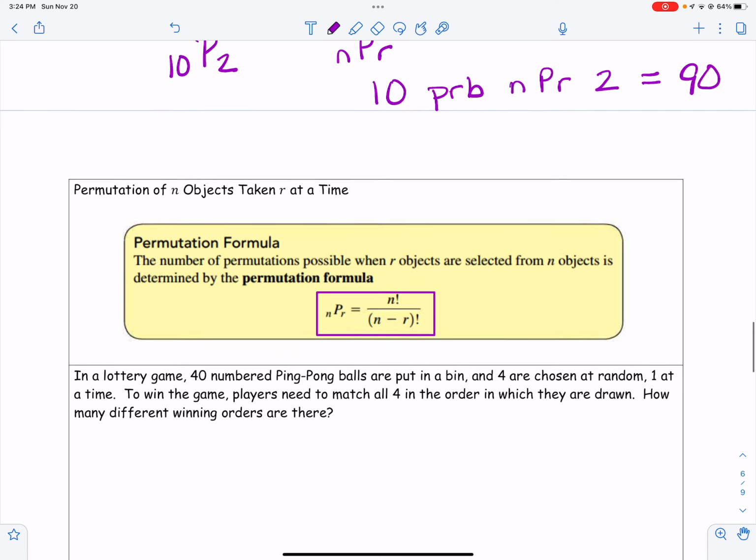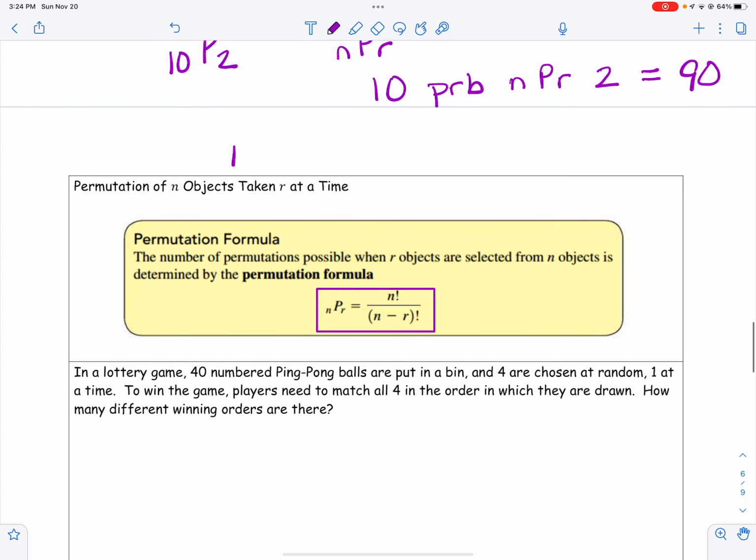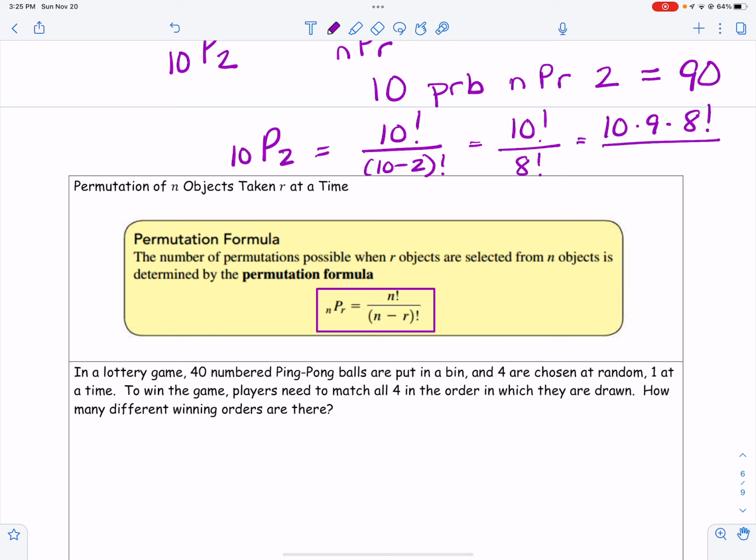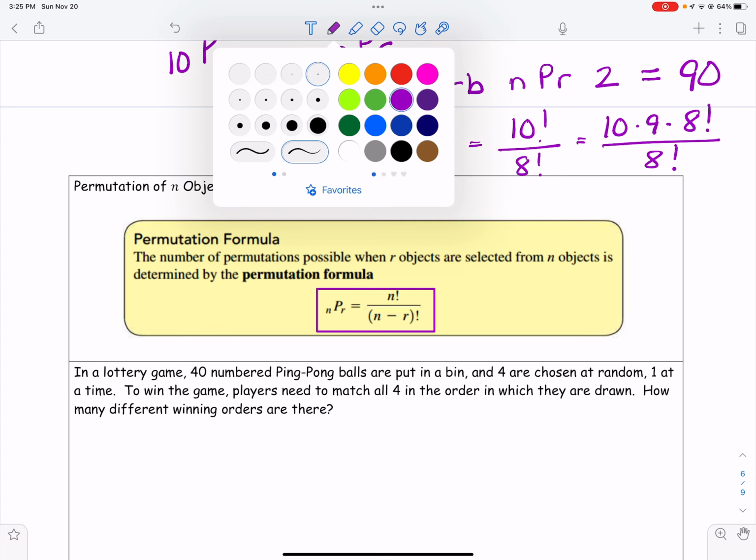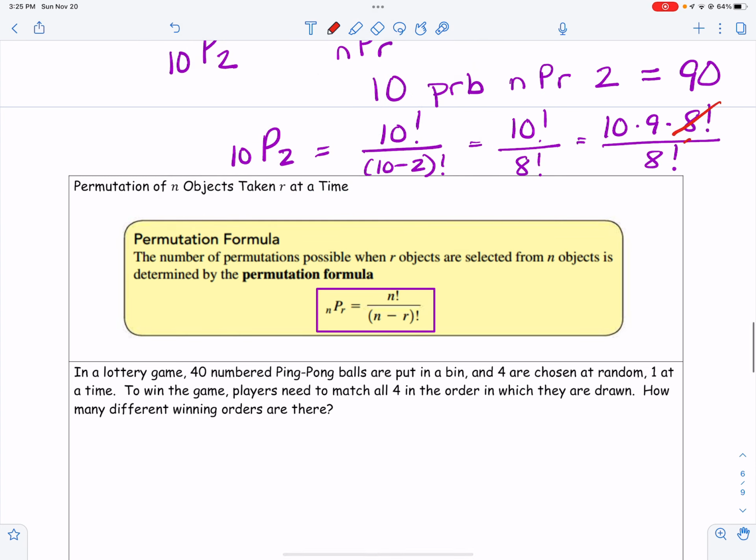So if we have 10 choosing 2, that is 10 factorial divided by 10 minus 2 factorial, which is 10 factorial divided by 8 factorial, which is 10 times 9 times 8 factorial over 8 factorial. And these cancel, and that's how we get 90, okay?